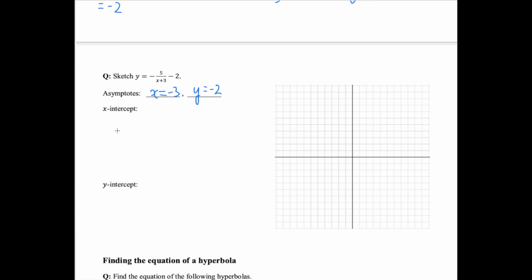Now to find the x-intercept, let y equal to 0. So 0 is equal to minus 5 on x plus 3, minus 2. We add 2 to both sides, so you get 2 is equal to minus 5 over x plus 3.